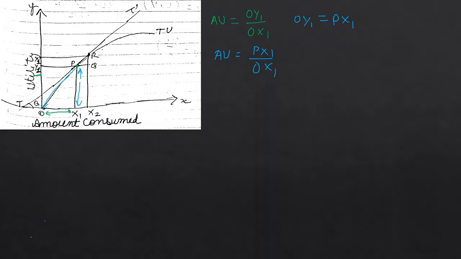and if we draw a straight line from O to P, then what is the slope? Slope is equal to y upon x. This is from geometry. Slope is always equal to y upon x.